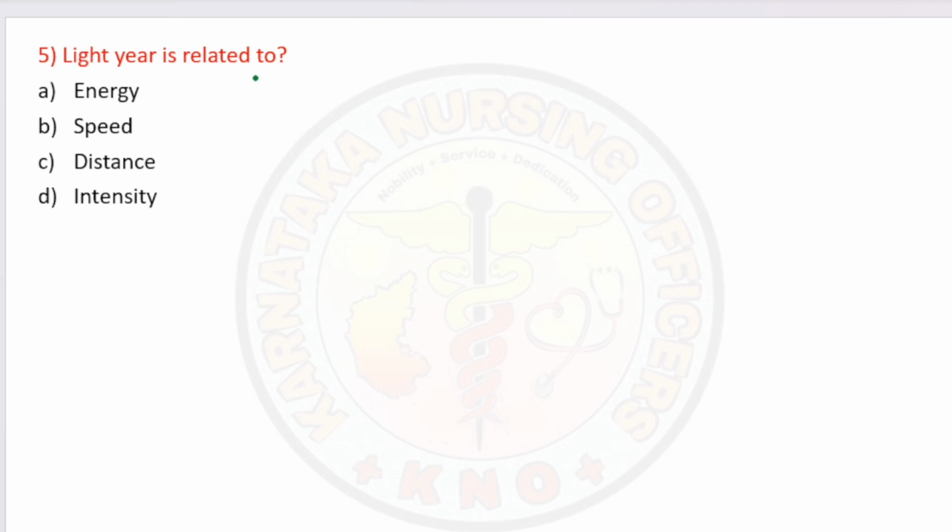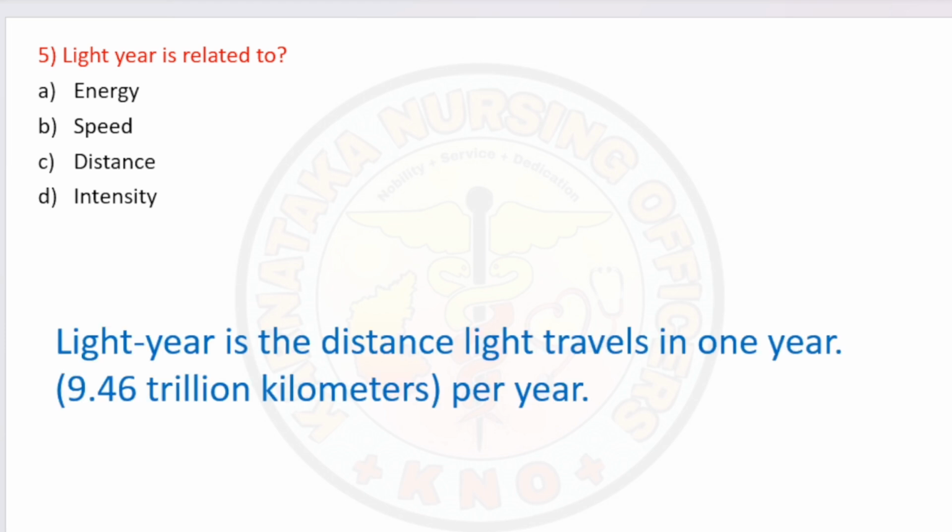Light year is related to what? What do you mean by light year? Light year is the distance that light travels in 1 year. 1 year means 365 days. The distance traveled by light in 365 days is called a light year.